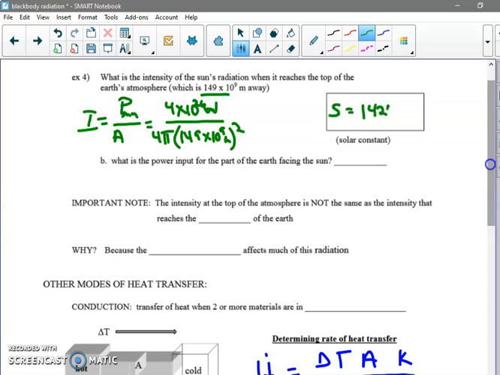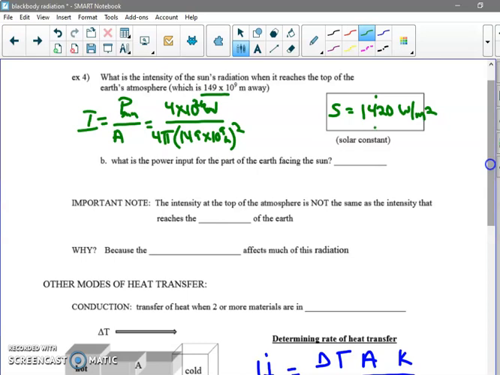I don't think we need to know the exact value. We'll modify it when we get into the greenhouse effect. But the solar constant S is 1,420 watts per square meter. So that's the intensity that the Earth gets if it's facing directly on. Now, since the Earth tilts on its axis, this number varies with latitude, but we're not going to worry about that right now. We're just getting a ballpark figure of roughly how much energy we're getting from the sun.